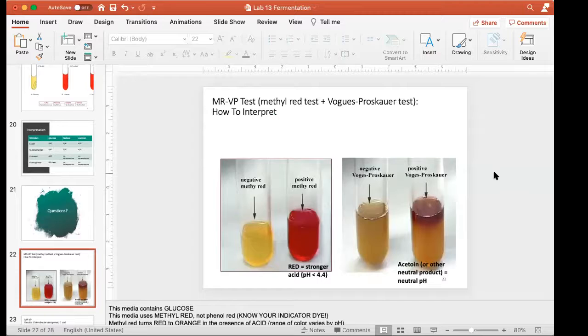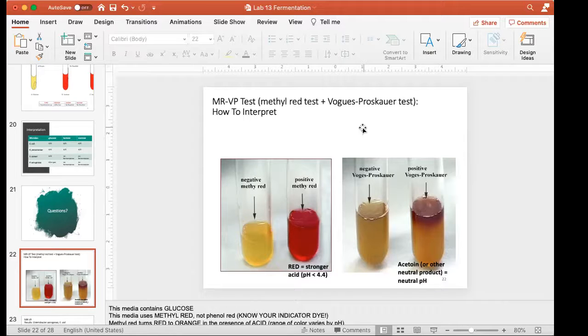So I want to move away from the carbohydrate fermentation test now and move into the second test on our list today, which is this methyl red Voges-Proskauer test. Just to review, these are 2 separate tests, but we run them together because they are related to each other in terms of the information we can get from them.